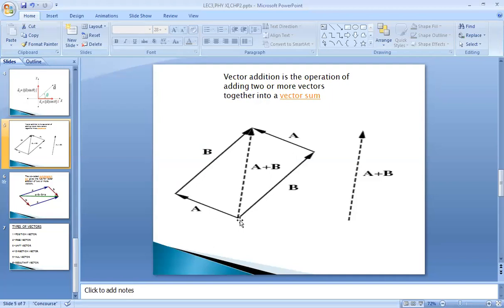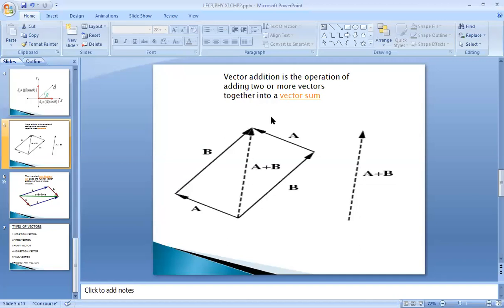Therefore, if you follow the head and tail rule, you have two ways to reach the end finally. For example, B plus A, you are reaching here. Similarly, A and B, you are reaching here.